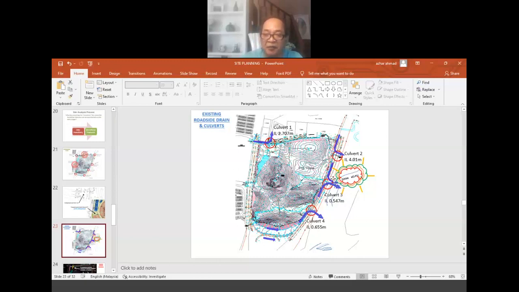Okay, so if you want to make use of the invert level at culvert number 3, then the invert level is 0.5. Invert level ni is something mungkin just to highlight.